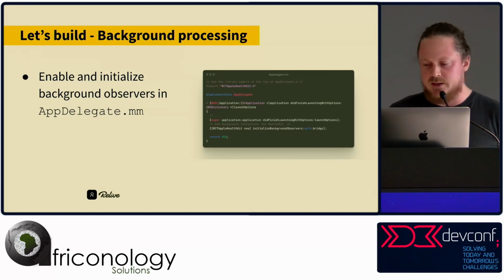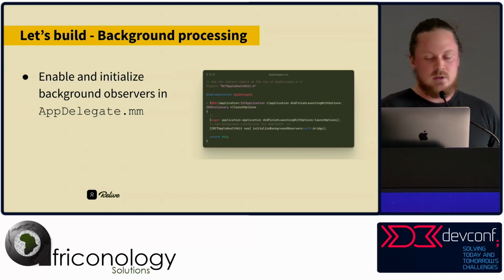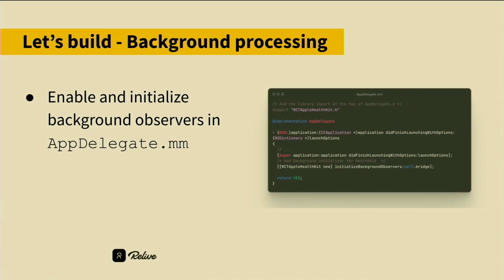This app delegate file that you're seeing here is a very important file in the React Native world. This is essentially the main entry point to our app on iOS. And generally, if you're going to be adding native functionality to your code, this is where you're going to be dealing with it. Luckily in our case, we just need to add 2 lines to this file.